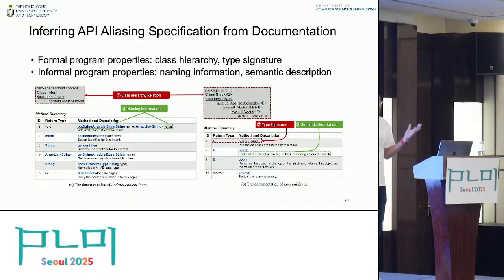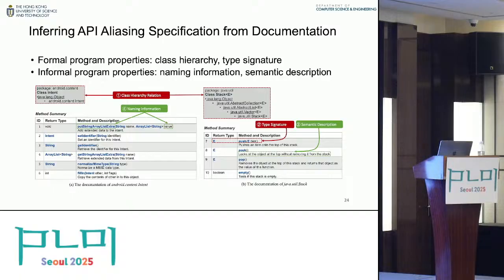But is that so hard to analyze for a human? Our intuition is that for certain kinds of API pairs that come with the containers, as a human, it is quite easy to deduce that certain things are aliases. For example, push and pop.